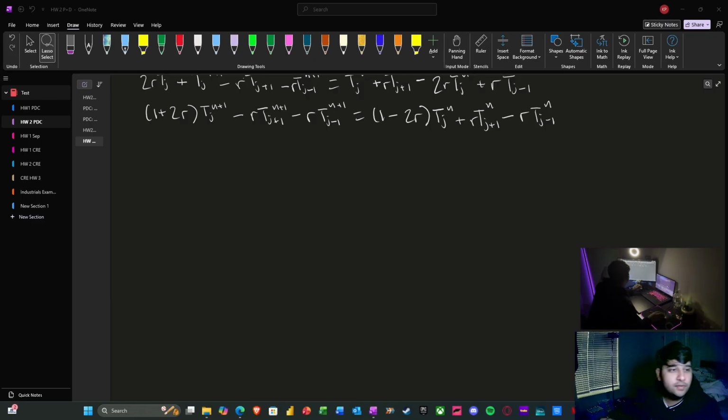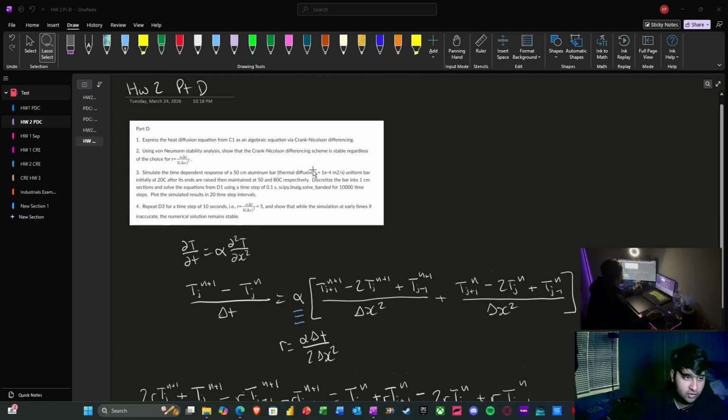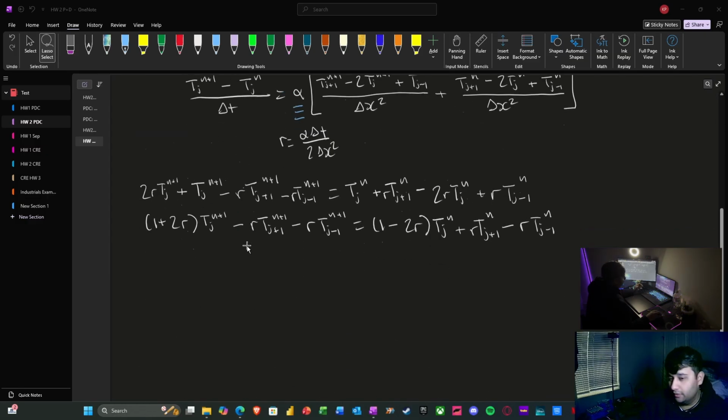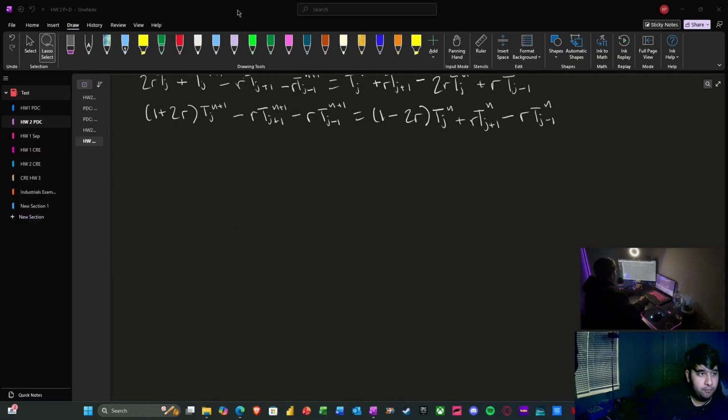Okay, so now we're going to be using the von Neumann stability analysis to prove that using the Crank-Nicolson differencing scheme is stable regardless of the choice of R that is used.